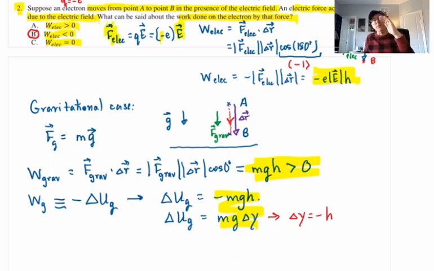So as a charged particle moves from A to B, because of the electrostatic force, we can talk about a change in electrostatic potential energy. And I want to talk about that now. We're going to figure out the formula for it in analogy to the formula in the gravitational case. So here we go.